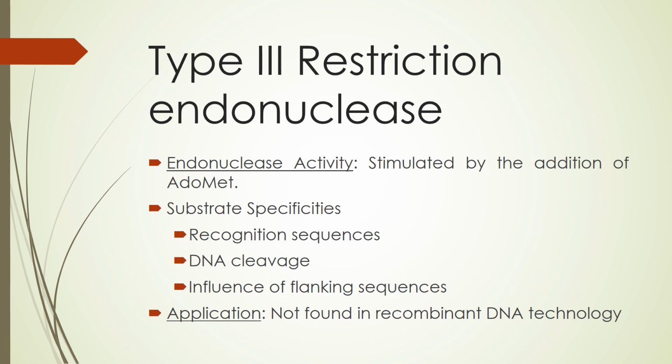The important thing here is that this activity is stimulated by the addition of AdoMet. These recognition sequences are very specific. There are only 4 known restriction enzymes. And then we come to the DNA cleavage.